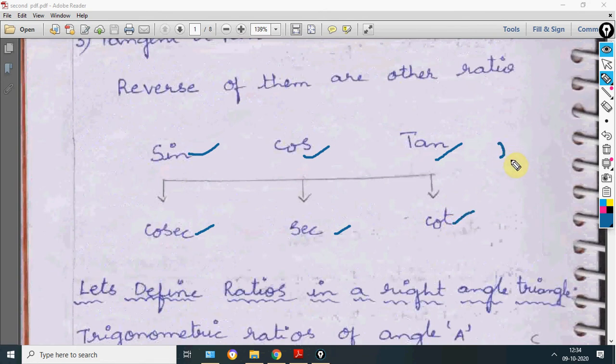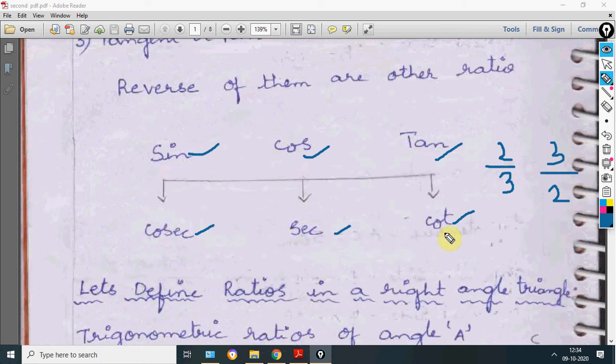Reverse means what? If 2 by 3 is there, the reverse of 2 by 3 is 3 by 2.